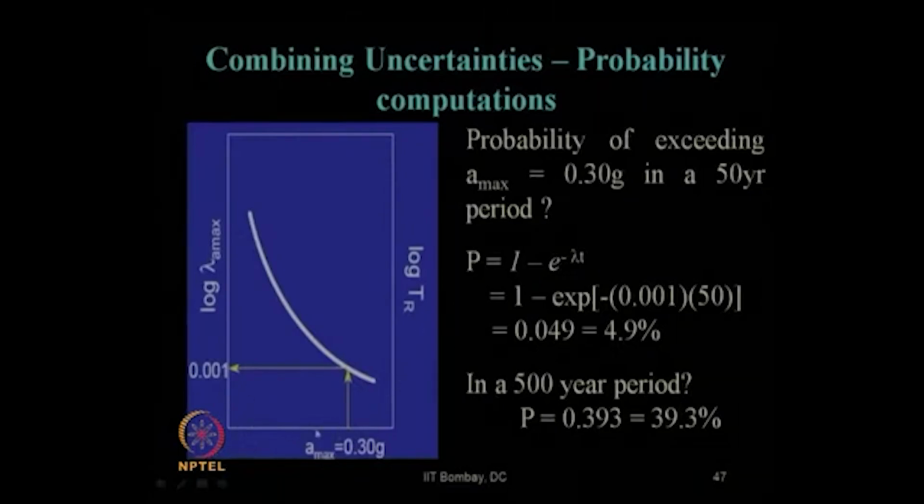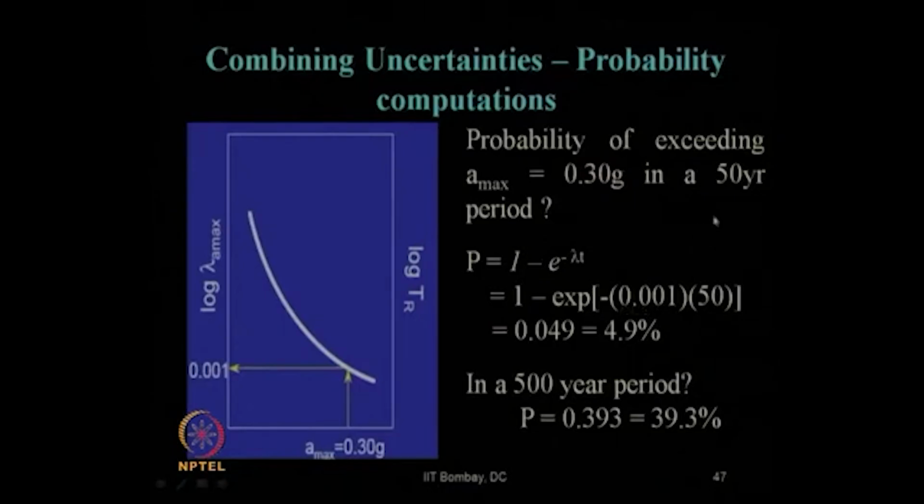In that probabilistic seismic hazard curve, which is known to us, we go to the value corresponding to 0.3 g. Drop that onto the curve and get the value of lambda. Clear? Use that value of lambda in the time-related uncertainty event equation.